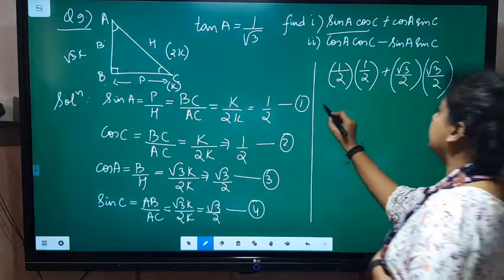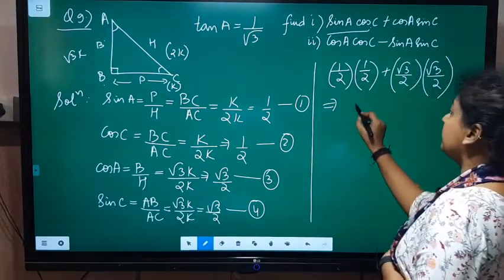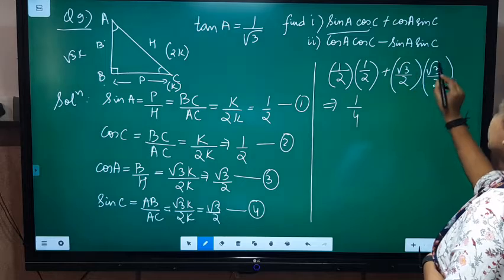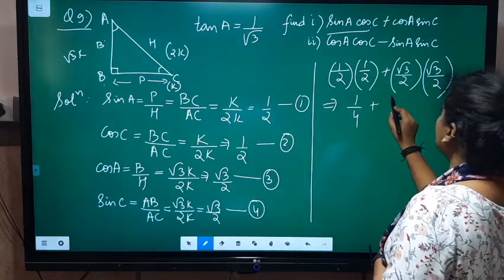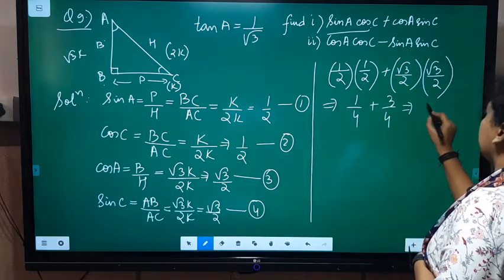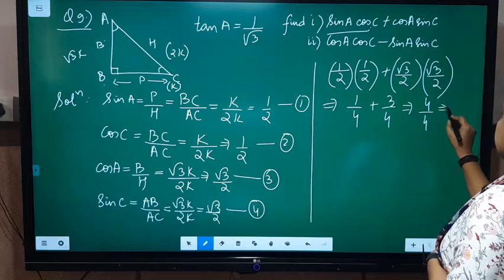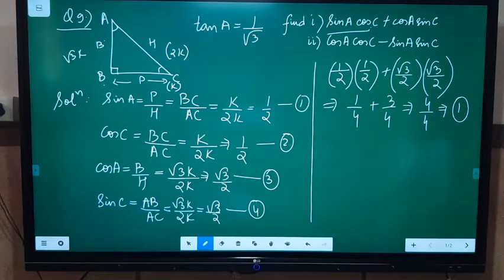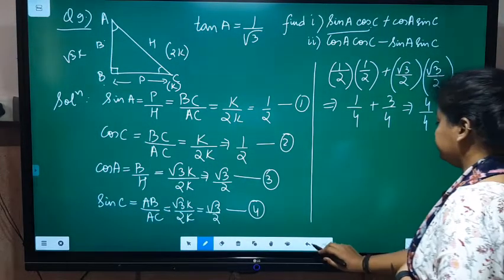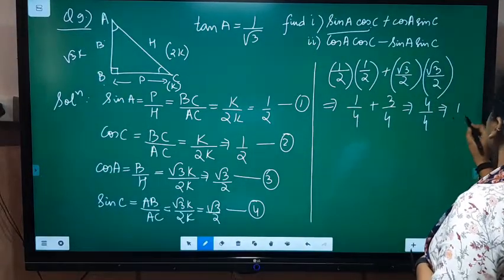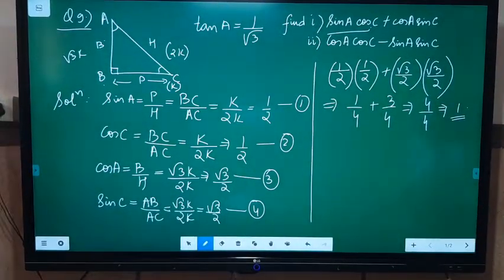Now on solving this, 1 by 2 into 1 by 2 is 1 by 4. Under root 3 by 2 into under root 3 by 2 is 3 by 4. This value comes out to be 4 by 4, that is 1. This is our answer for the first part.